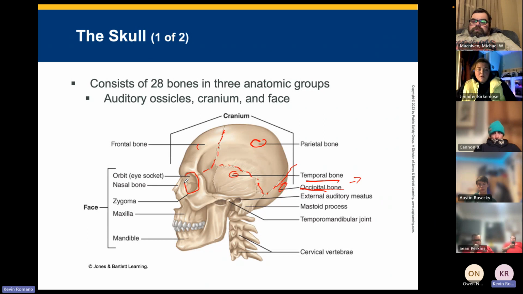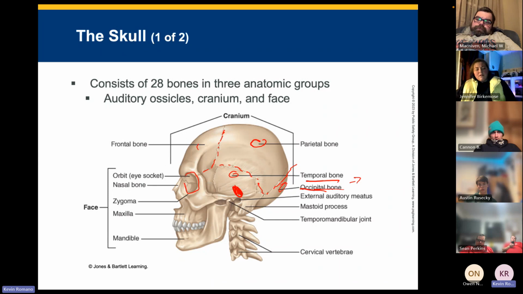All right, and we have our basilar skull, which sits back here behind the ears. If we have bruising back there, what is that called? We have a basilar skull fracture, and you start seeing bruising behind the ears. Anybody?